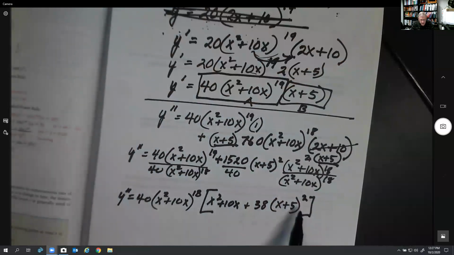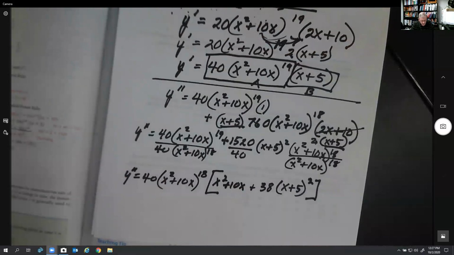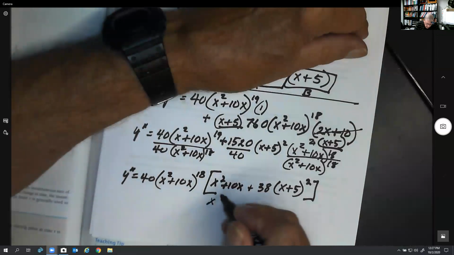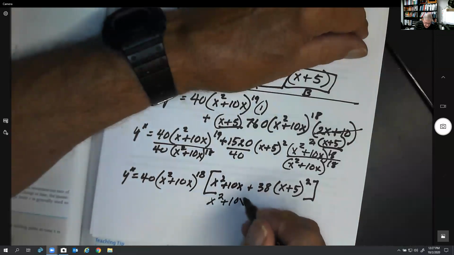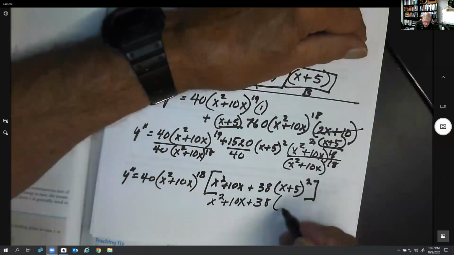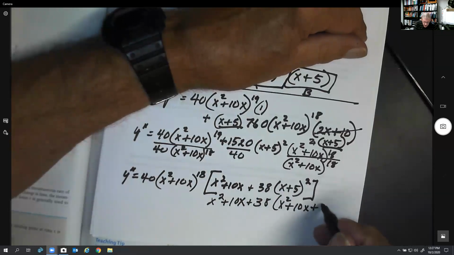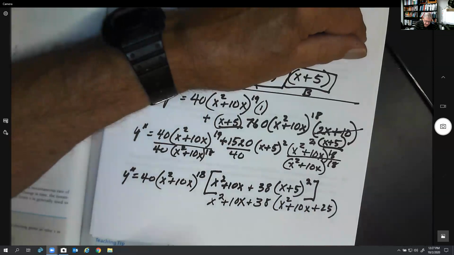Now what I want to do is simplify this some more. I want to figure out what's all inside this bracket. We're not quite done yet. So this would be x squared plus 10x plus 38 times, and I'm going to do a double square here, x squared, multiply these together and double, and then square. In other words, I'm going to do a FOIL on that and expand it out.